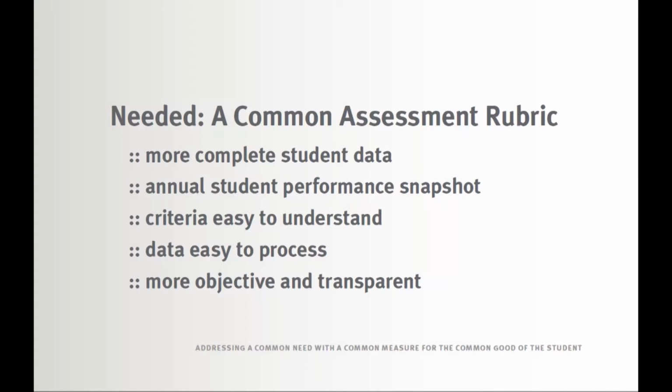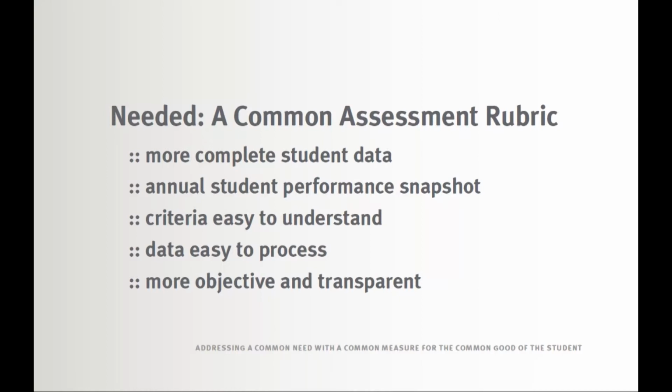Putting together the rubric, we wanted to come up with criteria that was easy to understand, and easy to understand to a number of parties. Not only the faculty and the accrediting bodies that I mentioned earlier, but also to the students themselves. You know, what good is an assessment of the students if the students don't know why they are weak in one area or strong in the other?